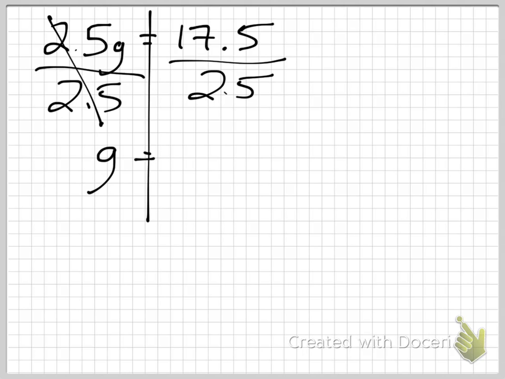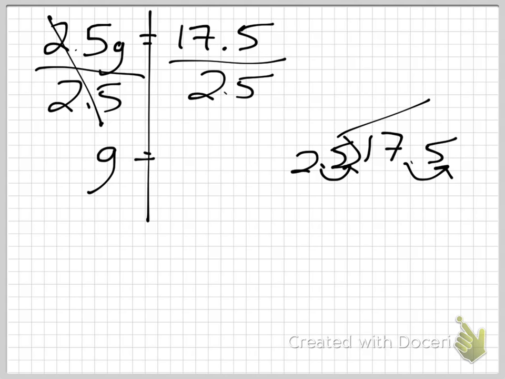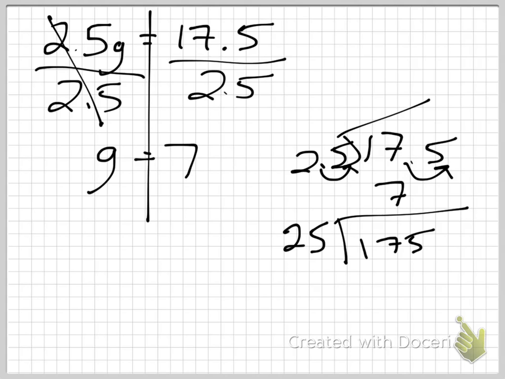G equals, and now I have to go over here and go 17.5 divided by 2.5. Can I divide them like that? No, I have to move the decimal over one. It ends up being 175 divided by 25, which is 7. How many of you got G equals 7? A lot of the time it's just because you guys aren't great at dividing or multiplying. You got to be able to do that.